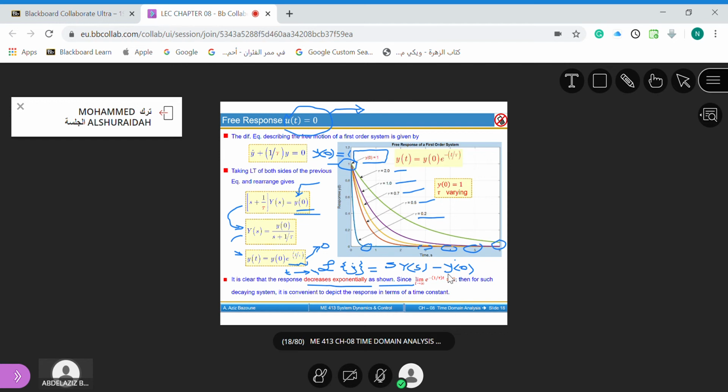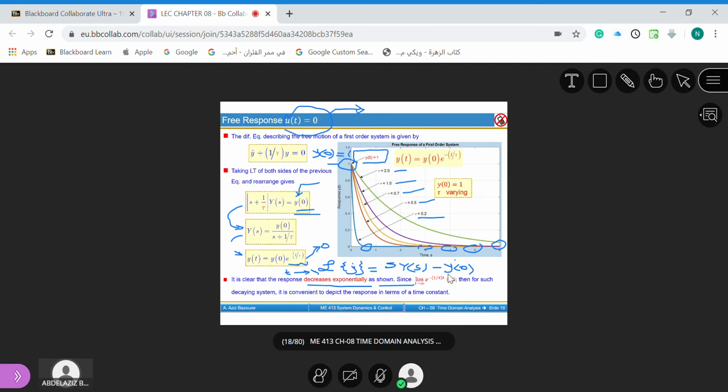See how it is going to the steady state, or to the 0 value. Is this clear, Shabab? This is for the free response, which means the initial conditions only. Any question, Shabab?